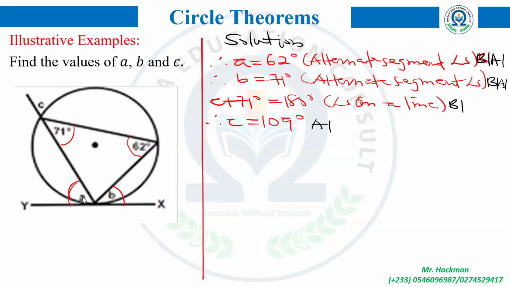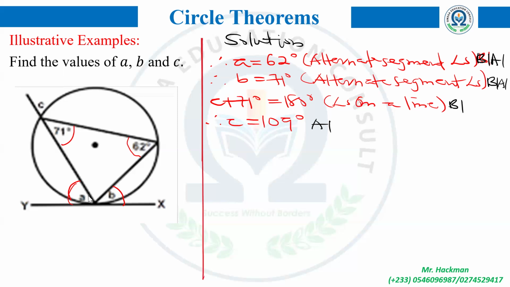This A is the angle between a chord and a tangent. I know I have a triangle sitting on my tangent with all the vertices lying on the circumference of the circle. On that note, we can use a particular theorem, which is the alternate segment theorem.